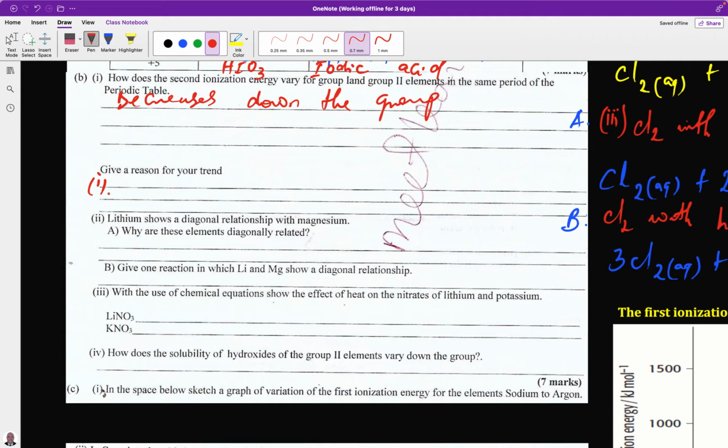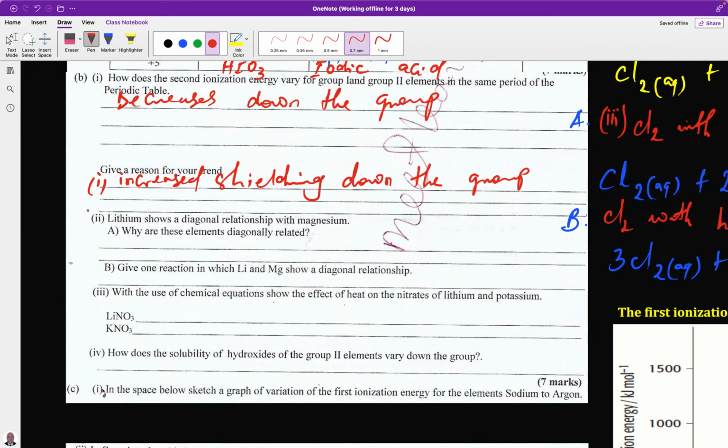So we now say there is increased shielding down the group. That is, electrons are protected from the attraction of the nucleus as you go down the group because of increasing number of shells.